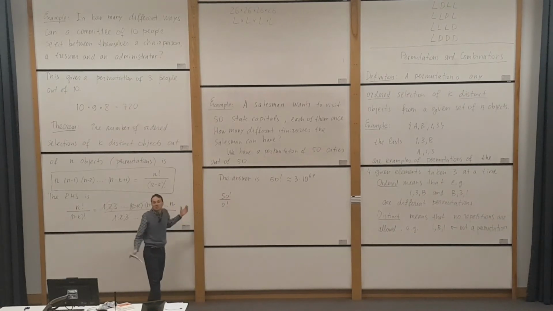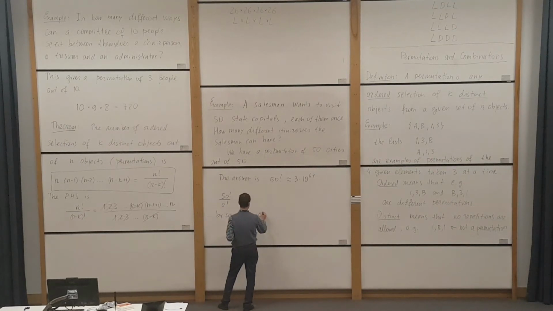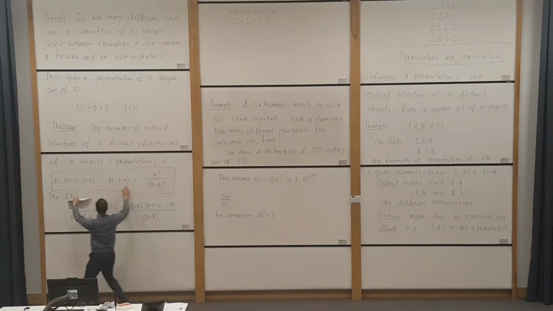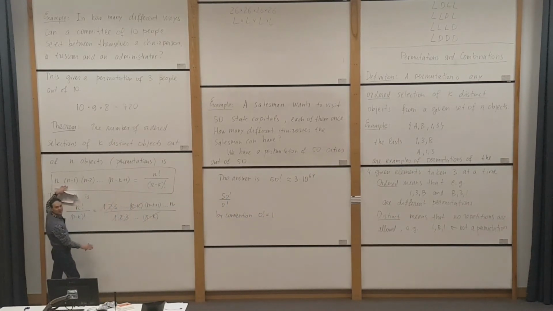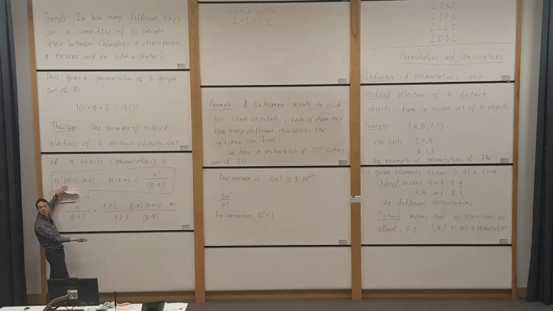And it's not clear what 0 factorial is, but the convention is it's set to be equal to 1. So by convention, 0 factorial is just equal to 1. But if you just look at the left-hand side, you clearly see that makes sense, because you get the product from 50 to 1, which is exactly 50 factorial. Right, so it must be true.